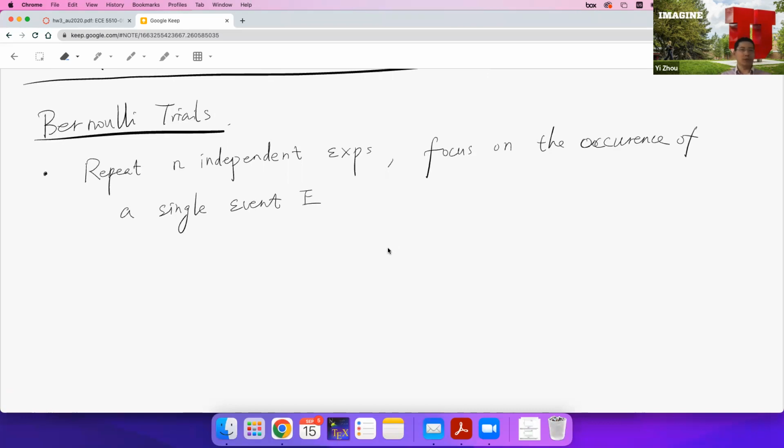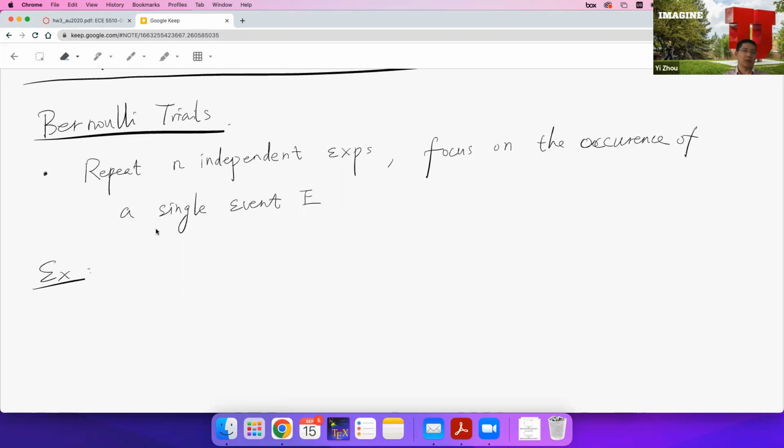For example, we can look at the probability that you get a head in the first 3 trials, something like that.